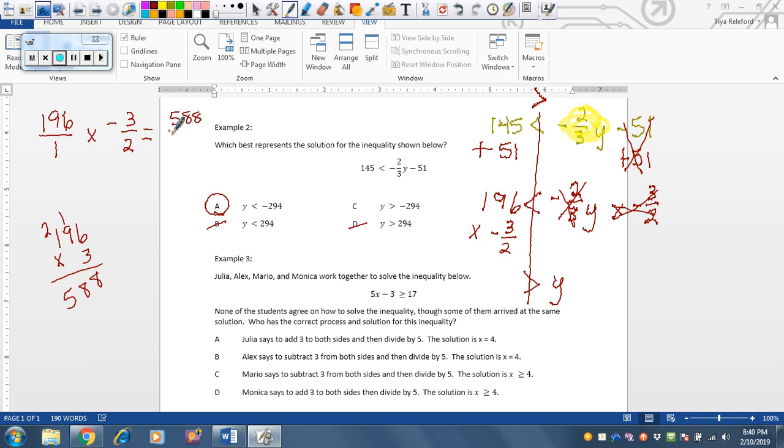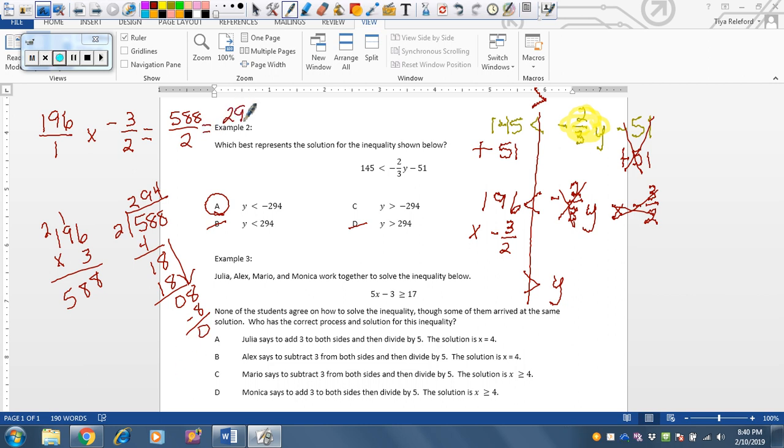Multiply by 3 and then divide by 2. Still get the same answer. But you really didn't have to do all this. If you just calm down and think about it, it's not so bad.